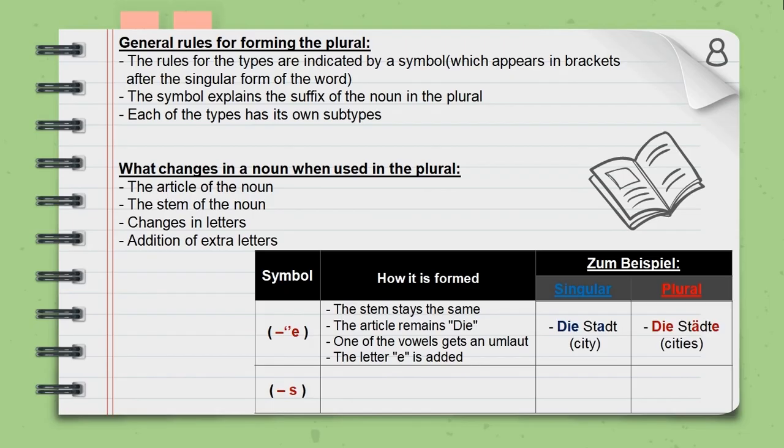For example, in singular we have die Stadt, or city, in plural die Städte, cities. The article stays die, the vowel A gets an umlaut, and the E is added at the end of the word.